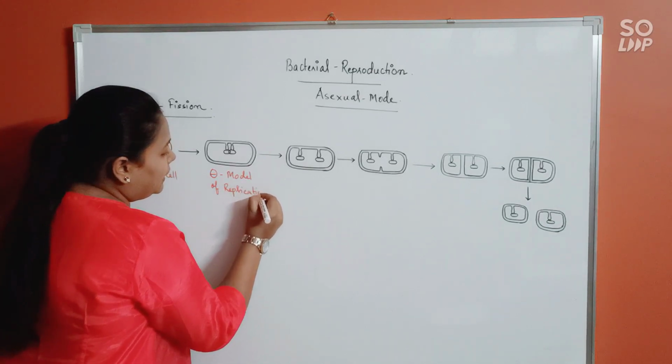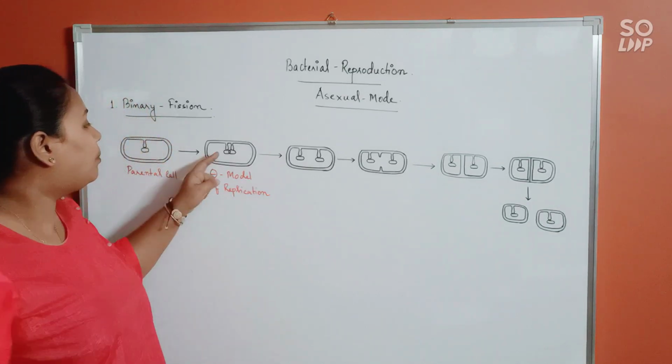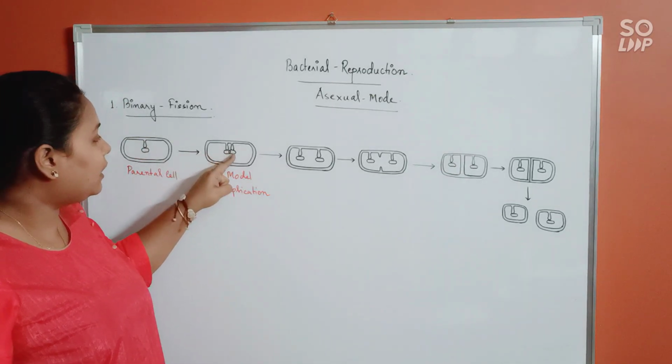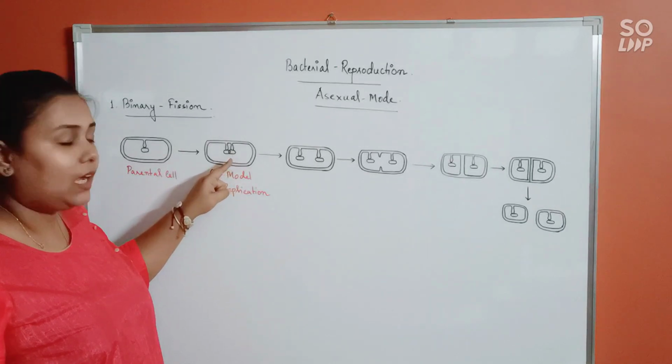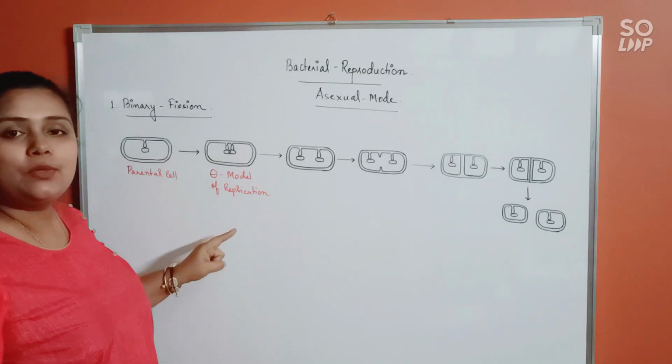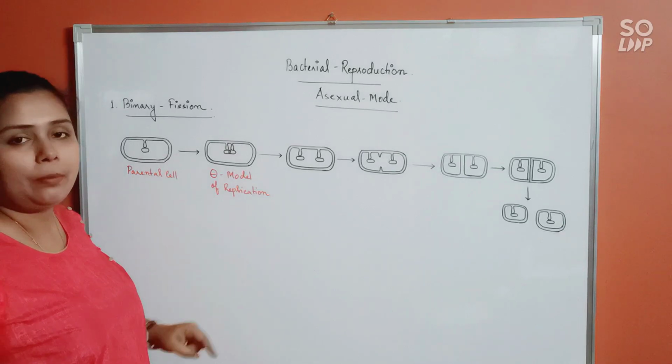Because while the DNA replicates, at one point the parental DNA and the newly formed daughter DNA both look like the Greek letter theta. That's why we call it the theta model of replication.